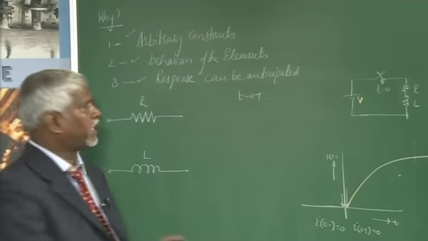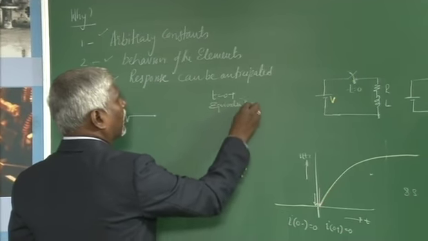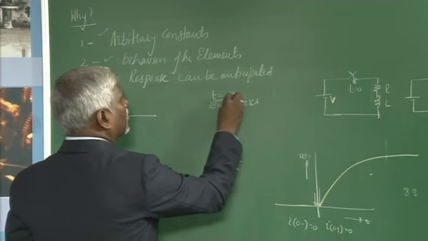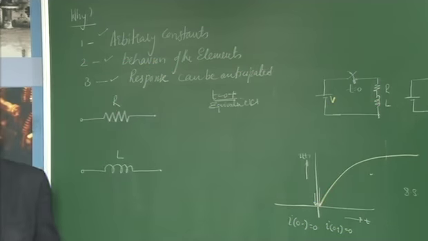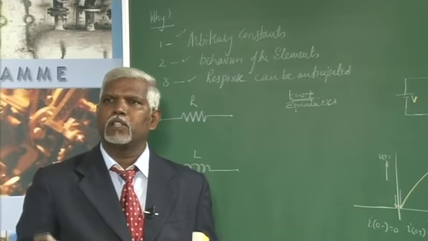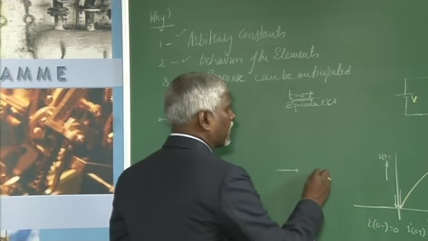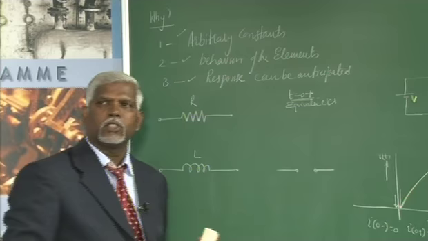So, this is what I want to say, an equivalent circuit at t equal to 0 plus. The behavior of the inductor will be like an open circuit if there was no current flow earlier. So, I can say that the inductor acts as an open circuit. This is what you need to understand.